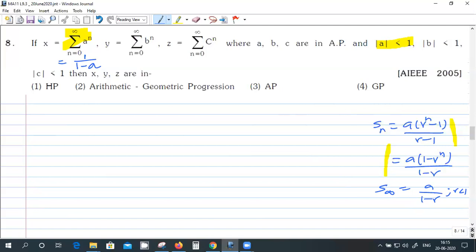Because r raised to the power infinity, a fraction raised to the power infinity, is 0. Like 0.5 raised to the power infinity is 0, because it's equal to 1 by 2 raised to the power infinity, which is 1 by infinity. Any fraction is 1 by something, and that raised to the power infinity will blow up and become 1 by infinity. So a fraction raised to the power infinity is 0.